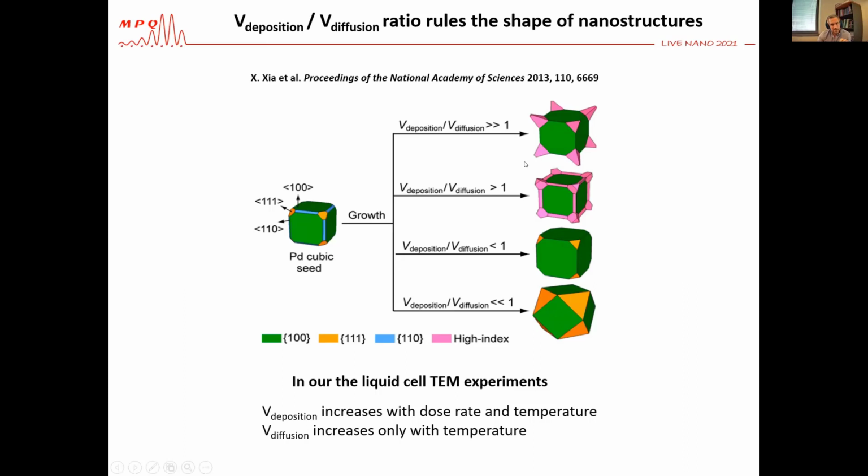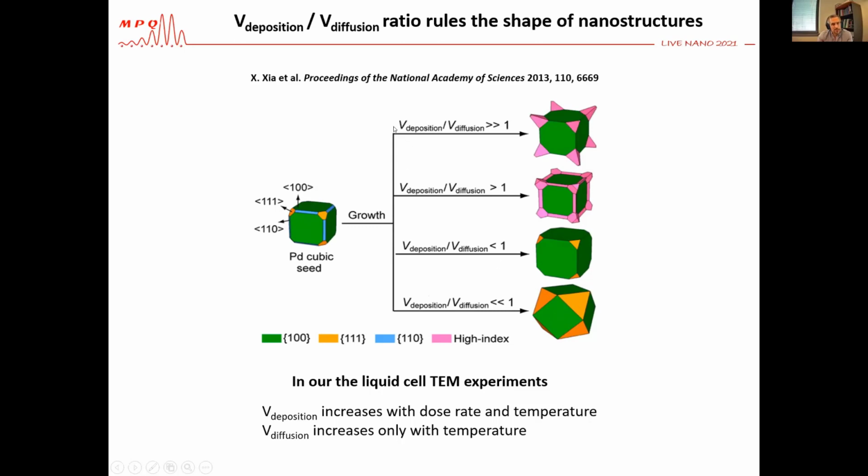And this figure shows you that when you have a deposition rate that is much smaller than the diffusion rate, then you give enough time to the nanoparticles to reach equilibrium shape and you stabilize a lot of 1-1-1 phases.